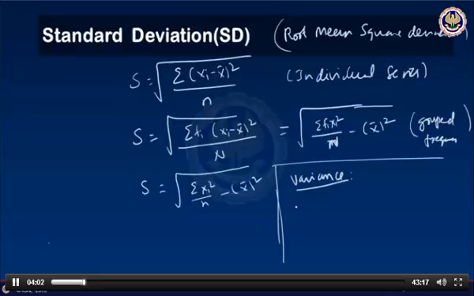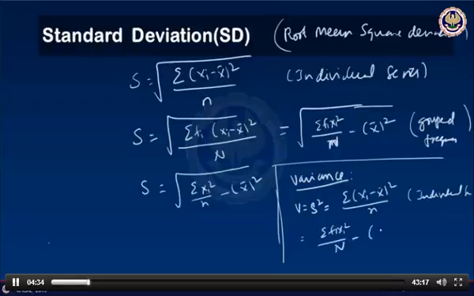Variance is equal to s square, and it is the summation of xi minus x bar whole square by n for unclassified data or individual series. In case of grouped classification data, it is summation of fi xi square by n minus x bar square. This is for grouped data.